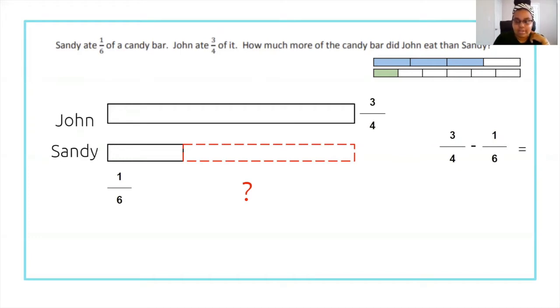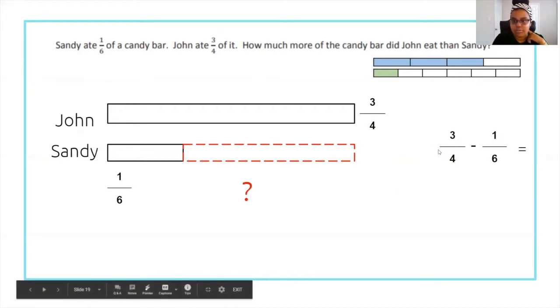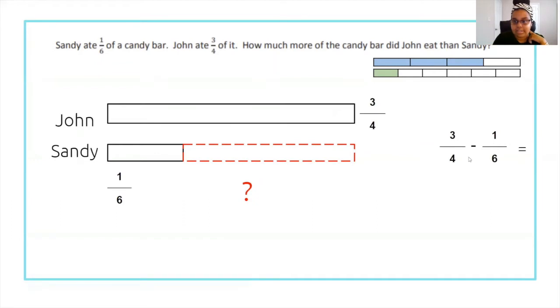All right, now when I subtract 3/4 minus 1/6, I can't subtract straight across because my denominators are not the same. So I need to make my denominators the same first. And I can do that by finding the least common multiple between 4 and 6. I need to find a common denominator between these two fractions.